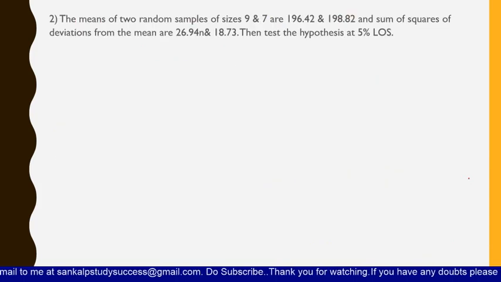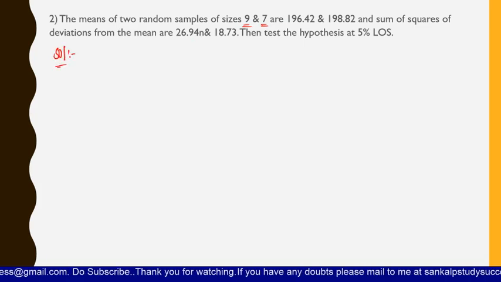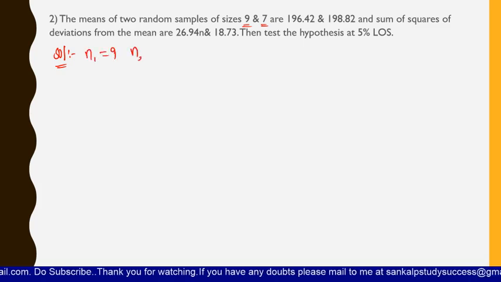So now let us see one more problem so that this two means problem will be very clear, where the means of two random samples of sizes are given. Solution: let us see what is given here. n1 and n2 values are 9 and 7.